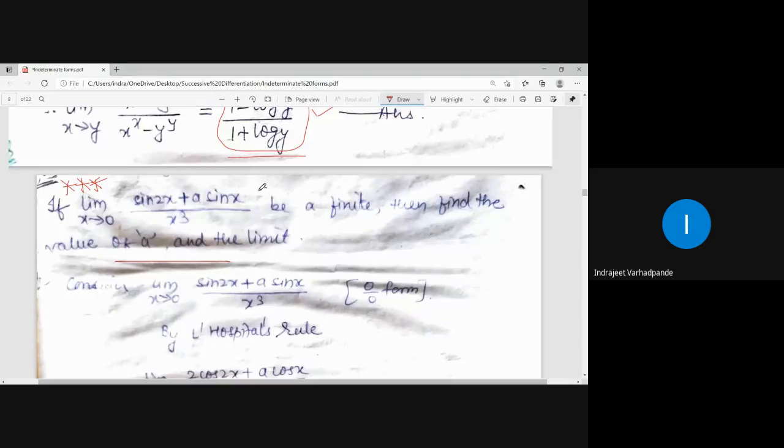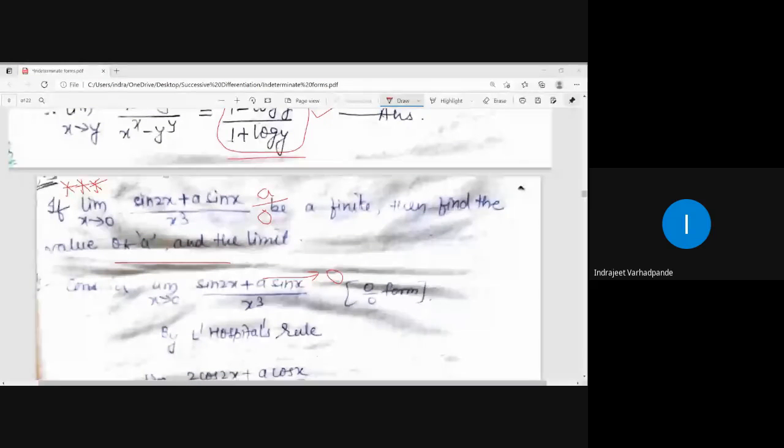It is giving you a, and the denominator is giving you the value 0. I cannot evaluate the limit unless it is giving you the 0 by 0 form. So accordingly, if the denominator tends to 0, the numerator should also tend to 0.